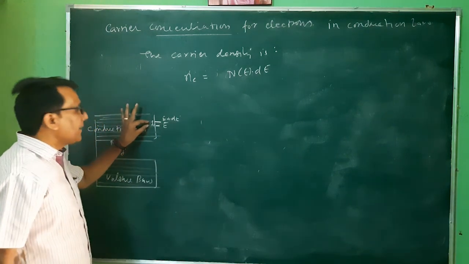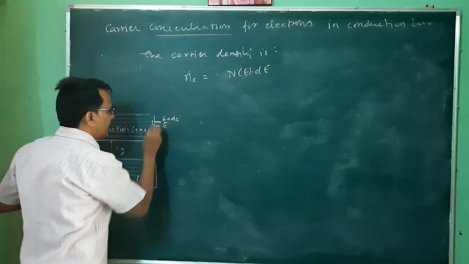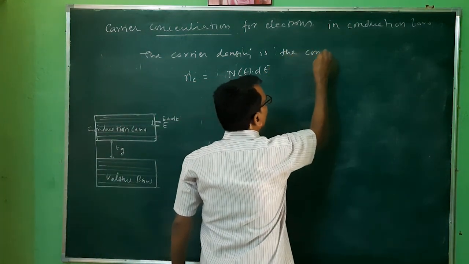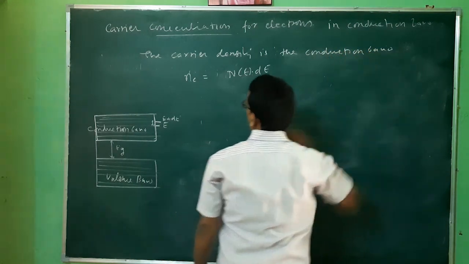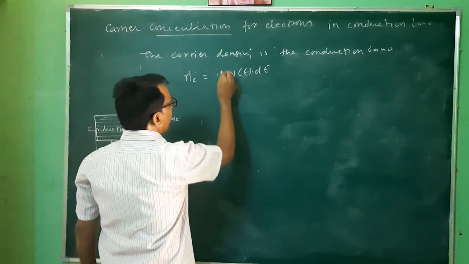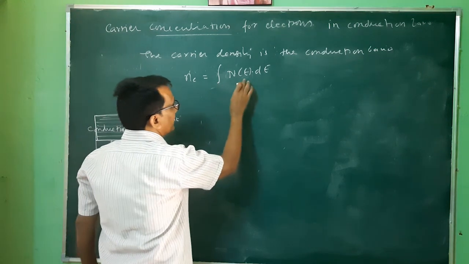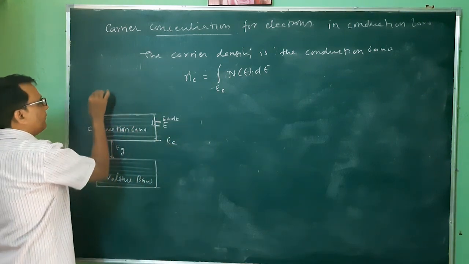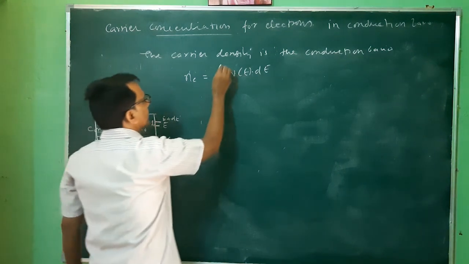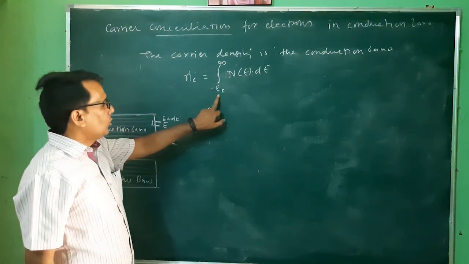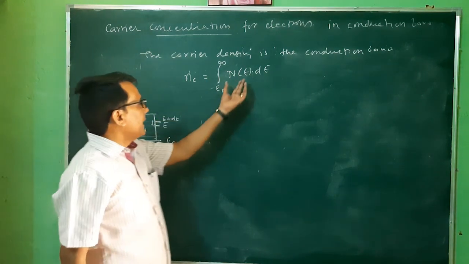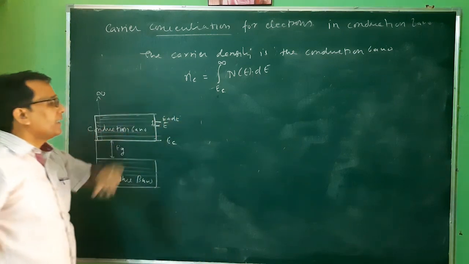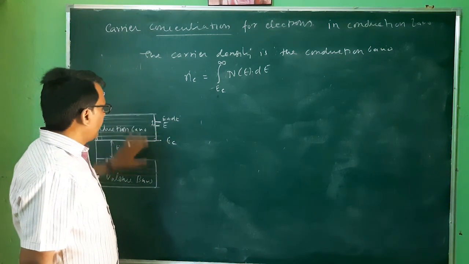This is for a specific energy gap, and if we want to calculate it within the complete conduction band, the carrier density in the conduction band, represented by Nc, is the integration of N(E)dE between the lower energy value Ec and an upper energy level that may go up to infinity. But N(E) is the total number of occupied electrons in this energy range, and we integrate to get the carrier density, meaning the number of electrons per unit volume for this complete energy range.